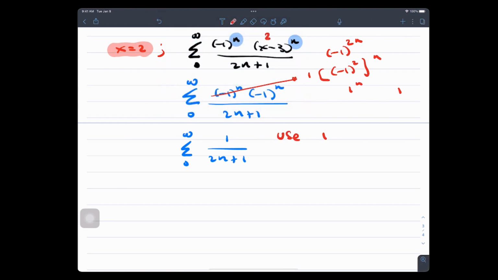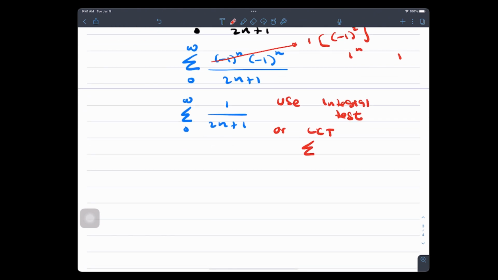Use the integral test, or limit comparison test. So if you said, can I use 1 over n? This behaves like 1 over n. Yes. So you're going to find that this diverges by the limit comparison test.